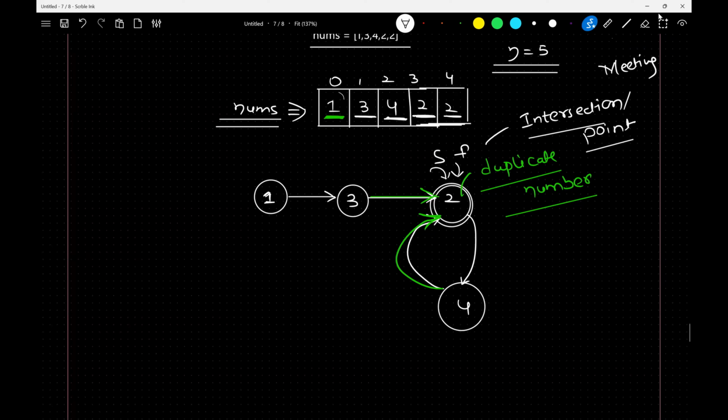In my YouTube playlist, in the FANG interview series, I have already talked about this algorithm in the linked list cycle part. Yes, this is the same algorithm which will work here as well, but with a different approach and a different mindset.